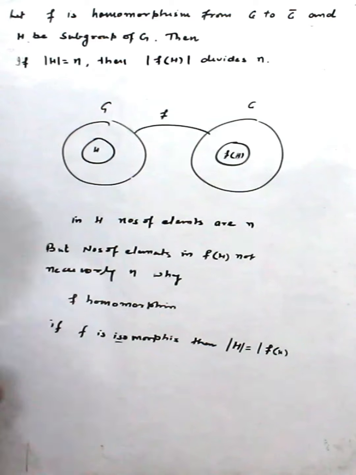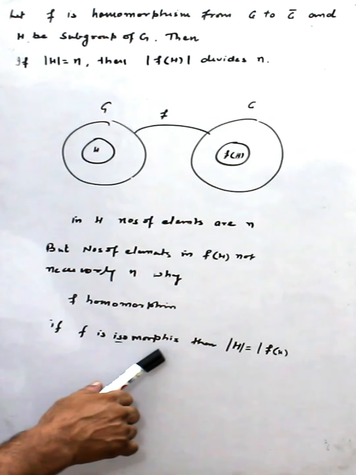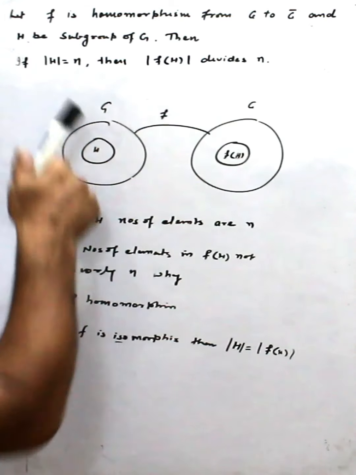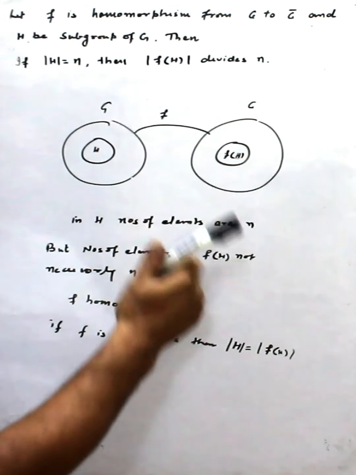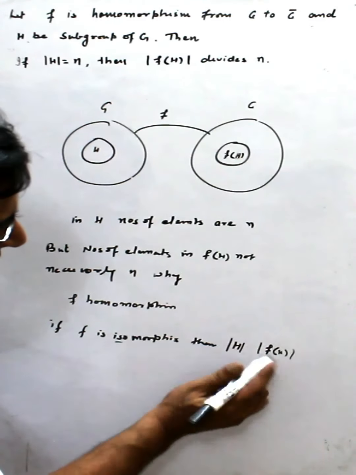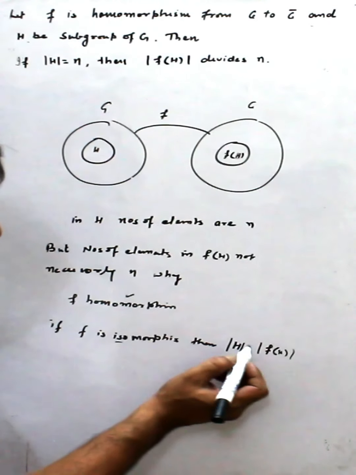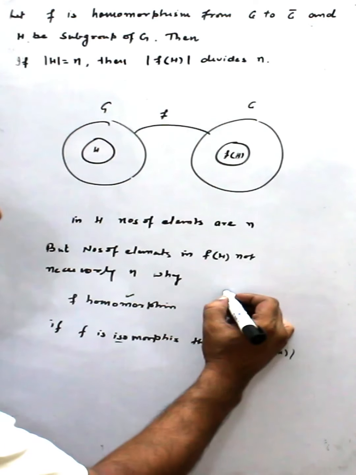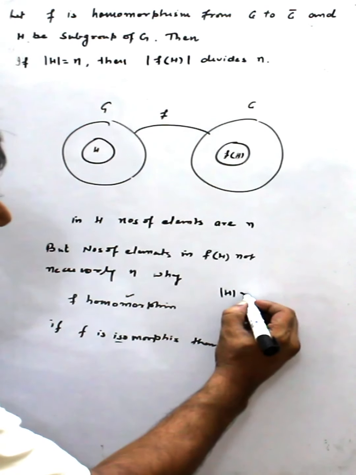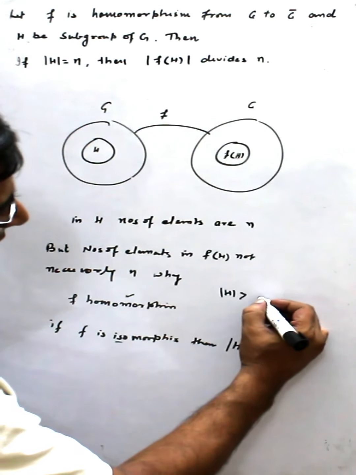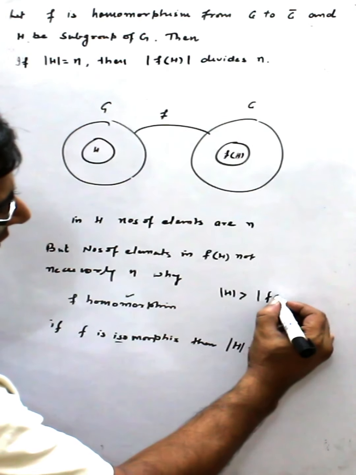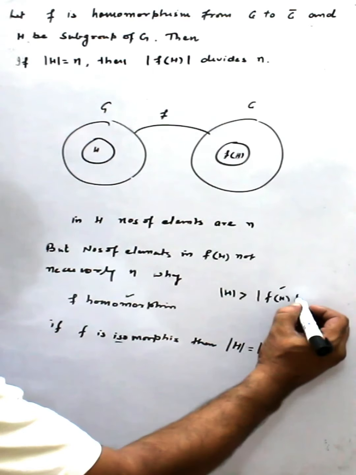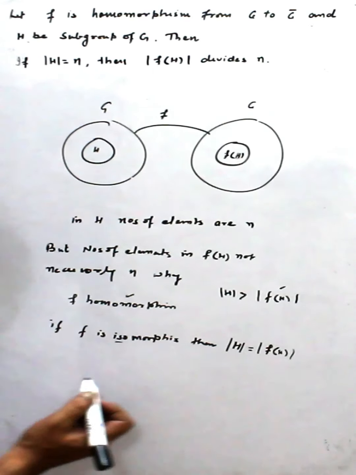But this happens in the case of isomorphism. Here the mapping is a homomorphism, so this number is not necessarily equal; it is greater than the number in F(H). Why does this happen? Because the mapping is not one-one.